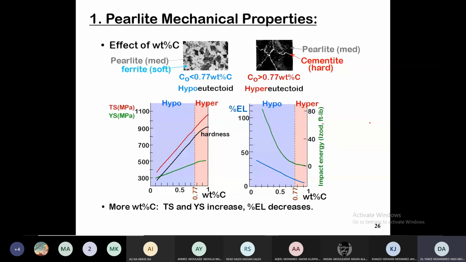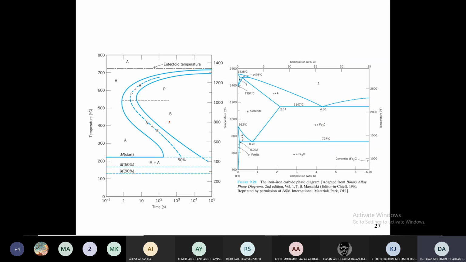We are showing the same figures here just to distinguish the microstructures. Below 0.76 or 0.77 we have the hypoeutectoid. Remember that we have the eutectoid microstructure at this point. This hypoeutectoid microstructure consists of the primary alpha and the perlite phase.